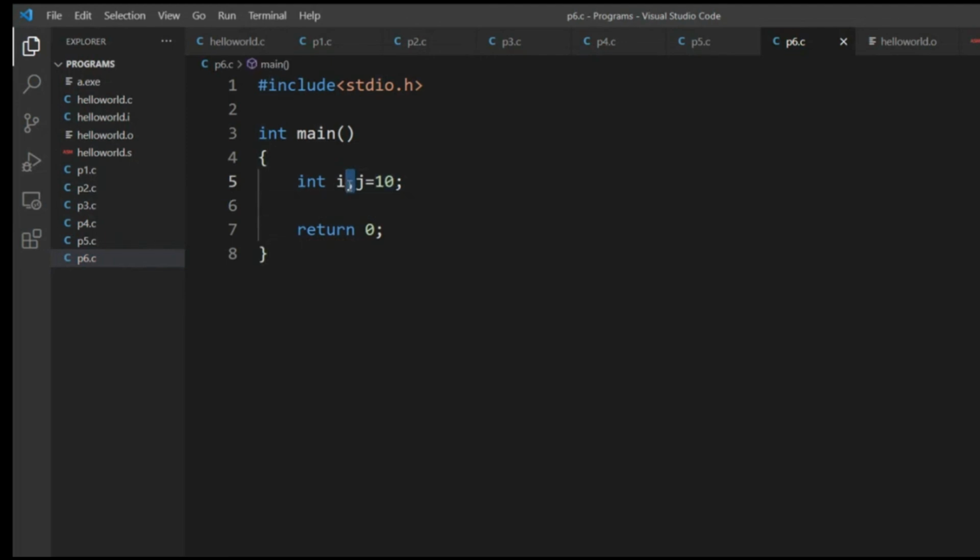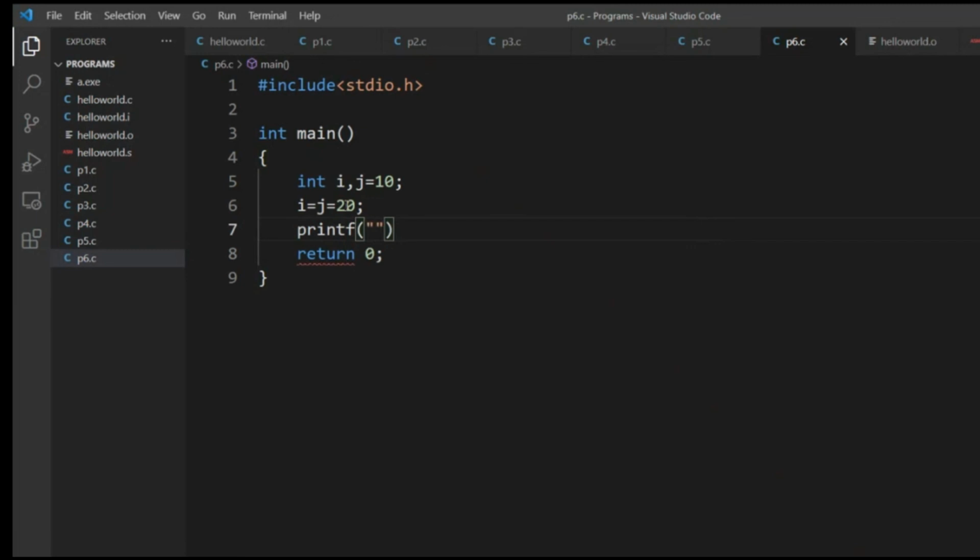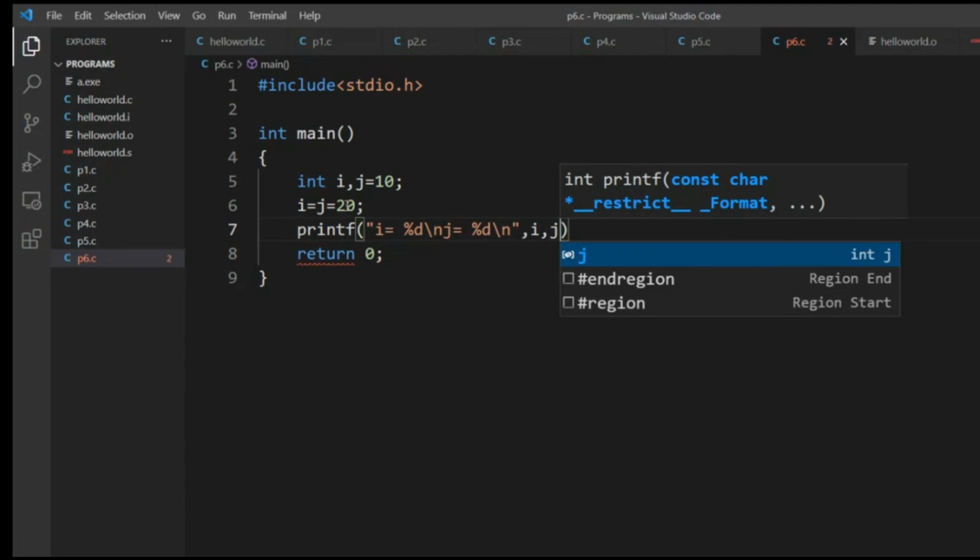Here comma is the separation operator. So here I will do I is equal to j is equal to 20, and printf I is equal to percentage d, slash n, j is equal to percentage d, comma I comma j.